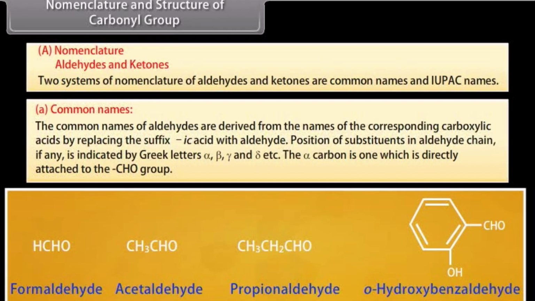Position of substituents in aldehyde chain, if any, is indicated by Greek letters alpha, beta, gamma and delta, etc. The alpha carbon is the one which is directly attached to the aldehydic group.